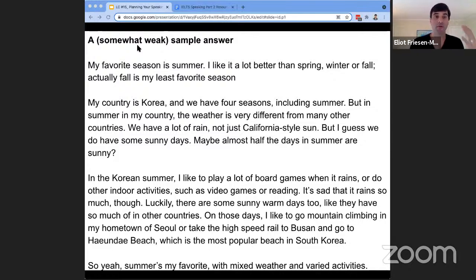The person responding here is covering a lot of the things that they should cover, okay? But there are things that can be improved here, okay? And so that's what we're gonna think about in this next segment: what can we do to plan an answer that improves upon what we see here in this sample. Okay, so let's take a look.